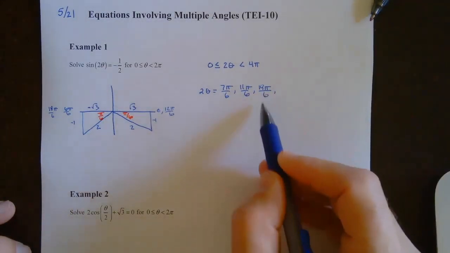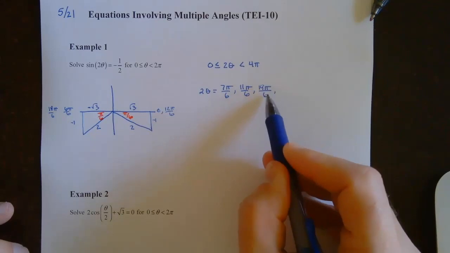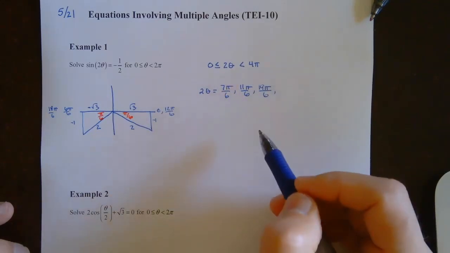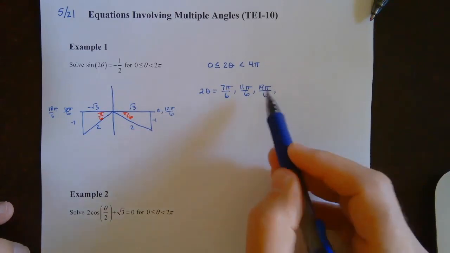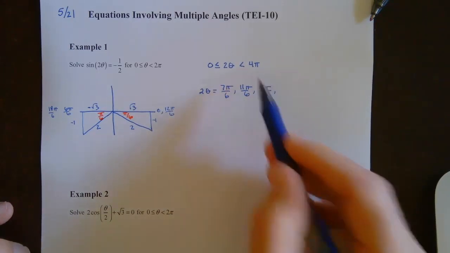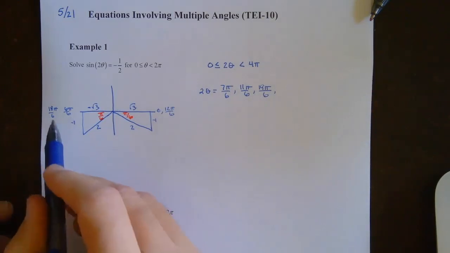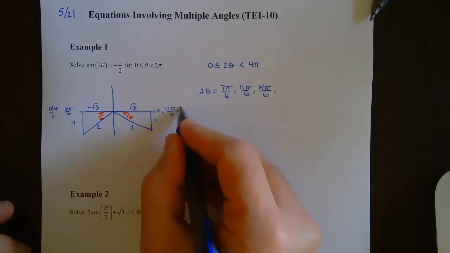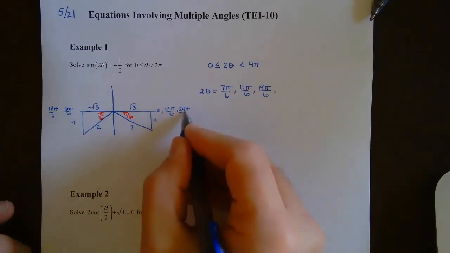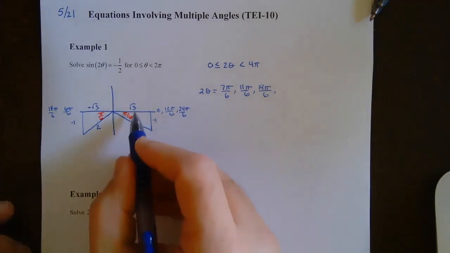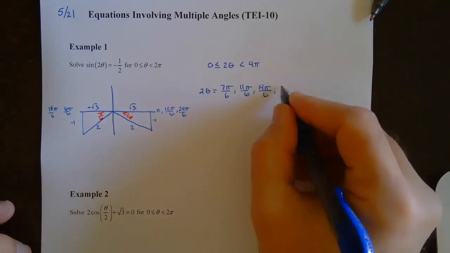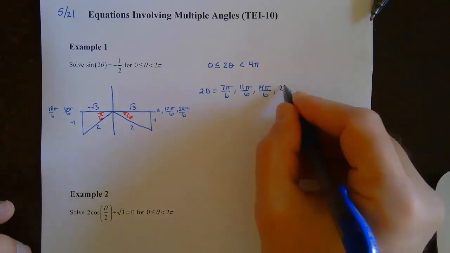That's still okay. 24 pi over 6 is 4 pi, and that's where everything has to stay below. If this is 18 pi over 6, then this would have to be 24 pi over 6. But that's too much, because I have to back off a pi over 6. So then that would be 23 pi over 6.